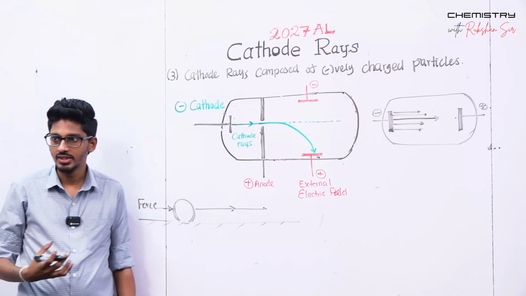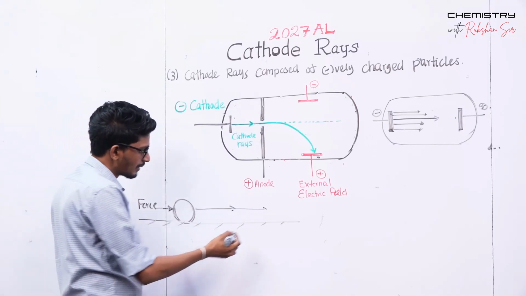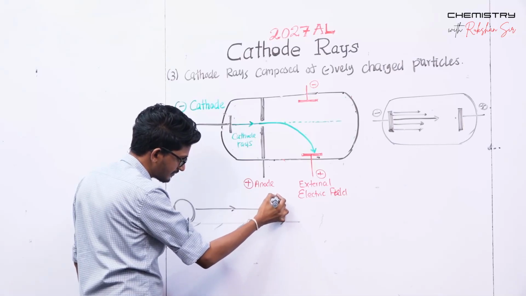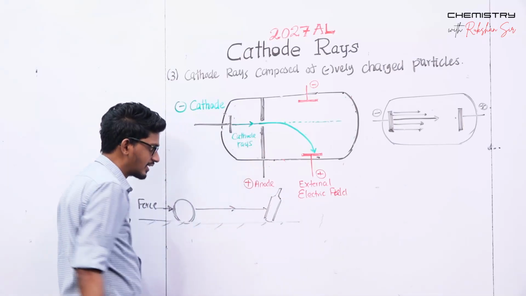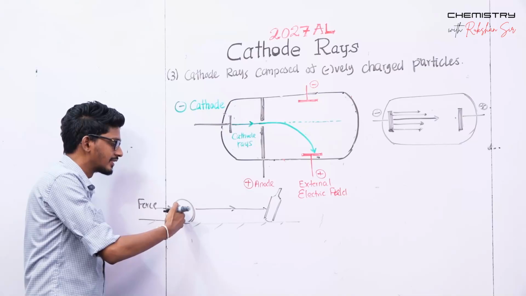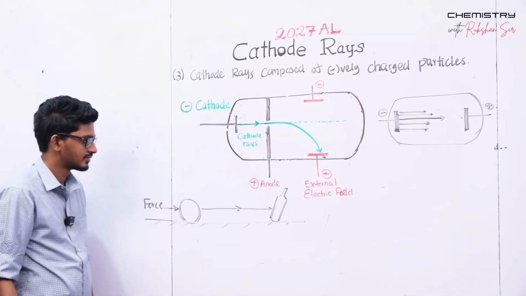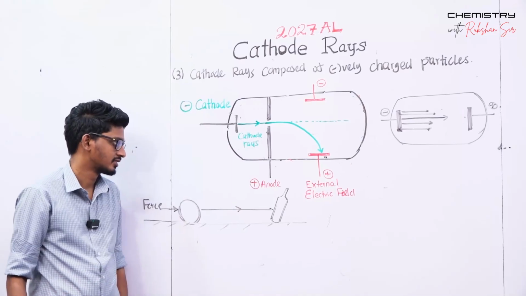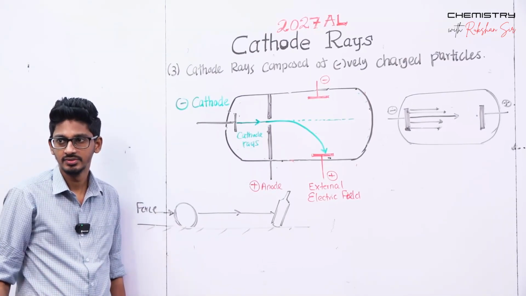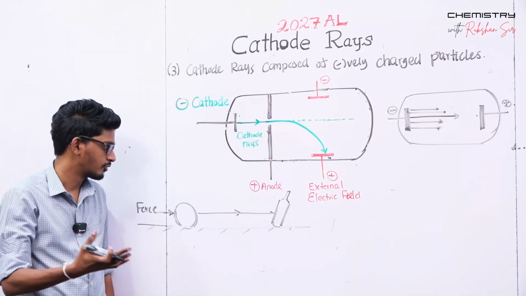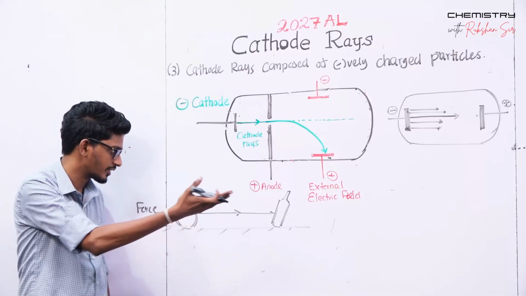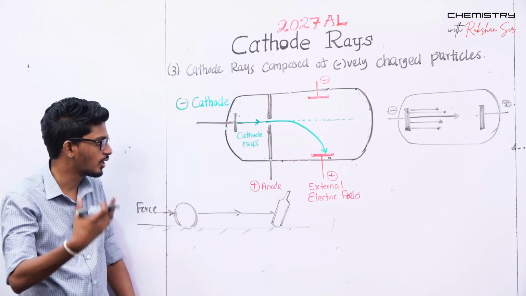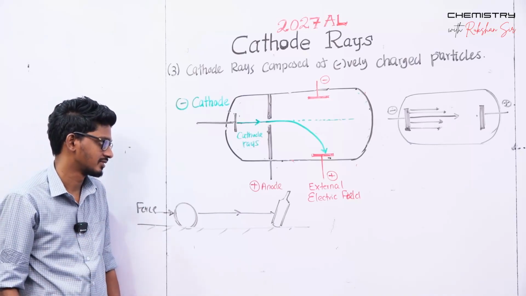And what you do is you just put a bat here, and then you are saying that the ball is traveling towards the bat. You are saying that the ball always travels towards the bat. That is not good, no. What you have done is the ball was not traveling towards the bat; you just put a bat there, and now you are saying the ball is traveling towards the bat.